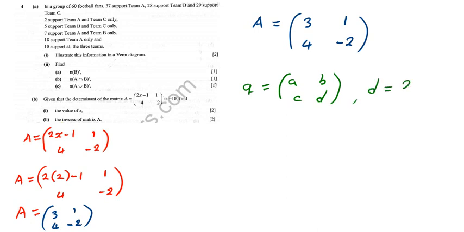Finding the Q inverse is equal to 1 over the determinant, open bracket. We have a major diagonal, and we also have a minor diagonal.